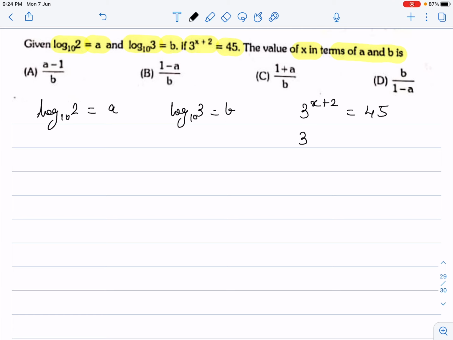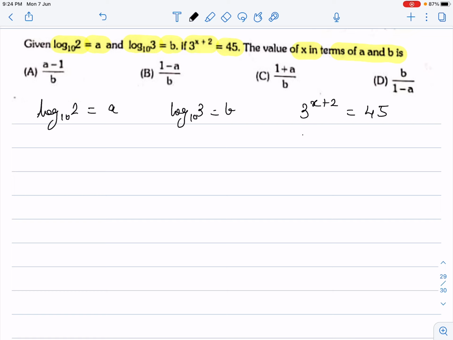Can I write it like 3 to the power x multiplied by 3 to the power 2 is equal to 45. Better we will take log on both sides. With which base are we going to take log on both sides? Guys, we will take log with base 3 on both sides.